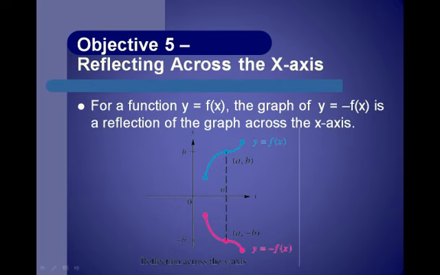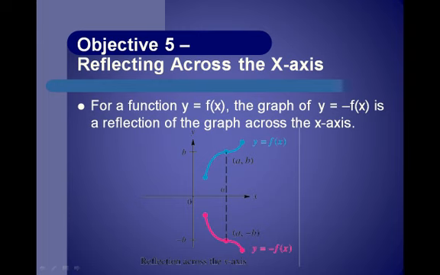Okay, and then objective 5 is reflecting across the x-axis. For a function y equals f of x, the graph of y equals negative f of x is a reflection of the graph across the x-axis. So for this problem, y equals f of x was the green line.